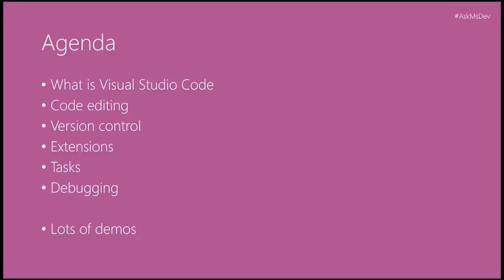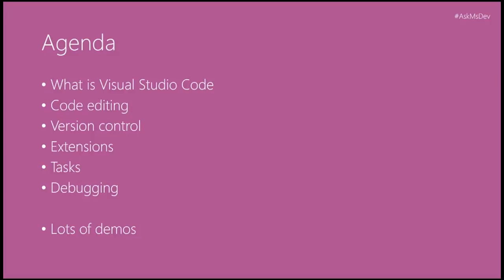We'll be looking at how Visual Studio Code will be supporting your version control systems and repositories. Then we'll look a bit at the extensibility side of the story. So how can we extend the Visual Studio Code default experience with your own other custom settings, but also how can we add extensions and plugins to the environment.